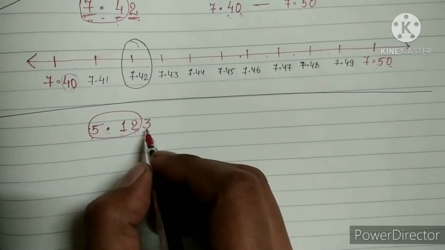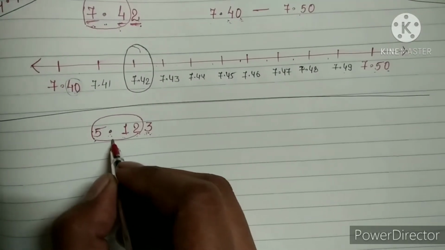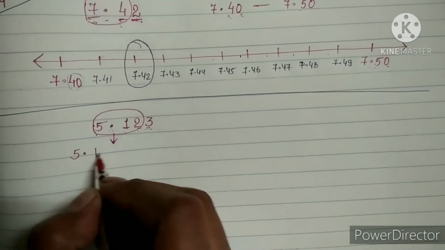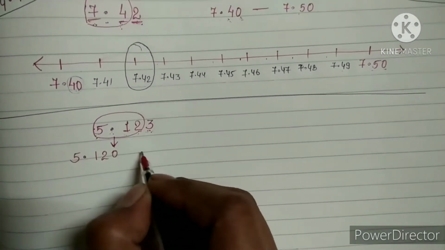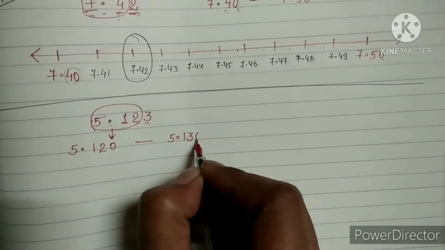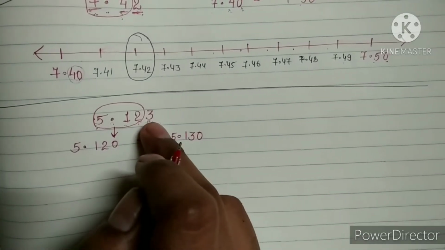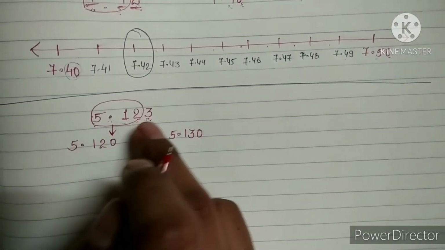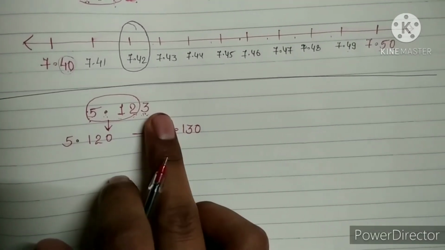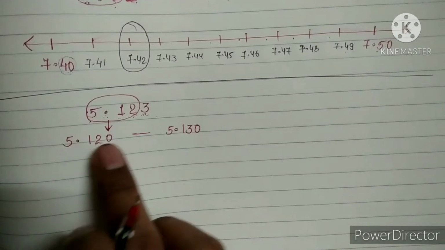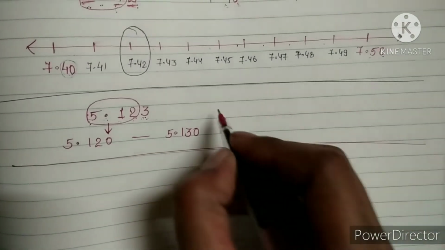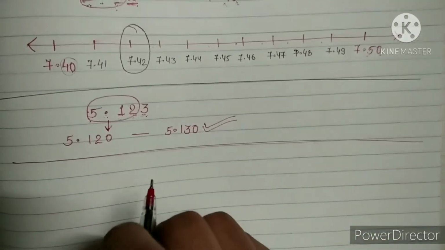On the place of 3 we will put 0. So this number will come in between 5.120 and 5.130. You can see 123 as a counting number system: 123 comes in between 120 and 130. You can do it by yourself. Try to do it yourself.